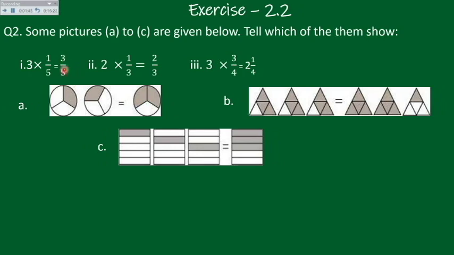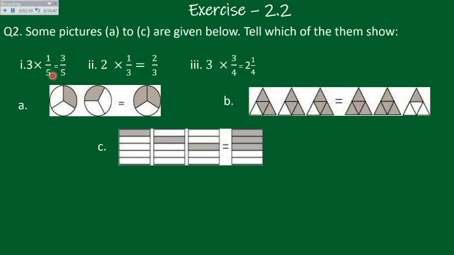The figure which is after equal to will match to the right hand side of the question. Okay, so here the left hand side is 3 multiply 1 by 5. So here we have 2 figures, so definitely it is not our answer. So second C, it contains 3 figures and third also contains 3 figures.